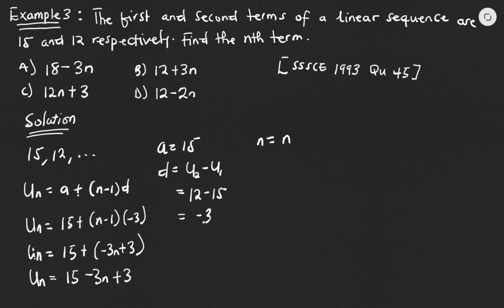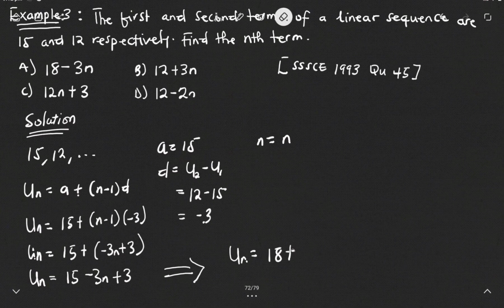And then from here, my un will be equal to 15 plus 3, which will give me 18. Sorry, this is supposed to be minus. So I have 18 minus 3n as my final answer.